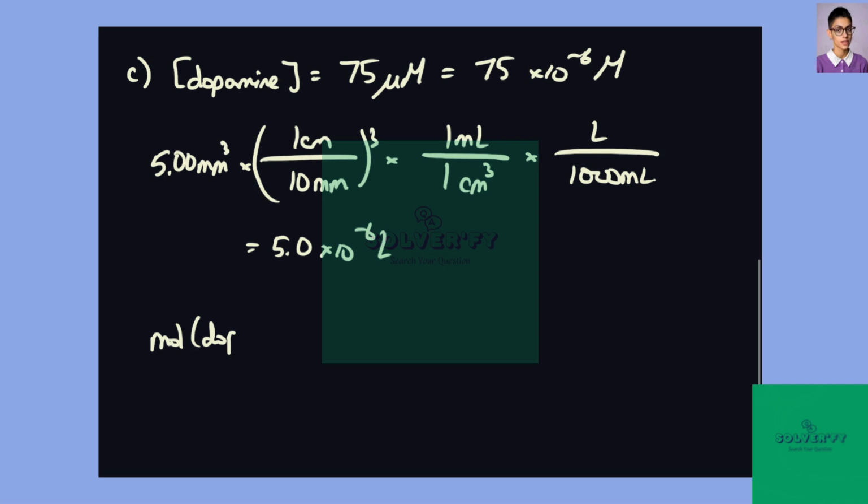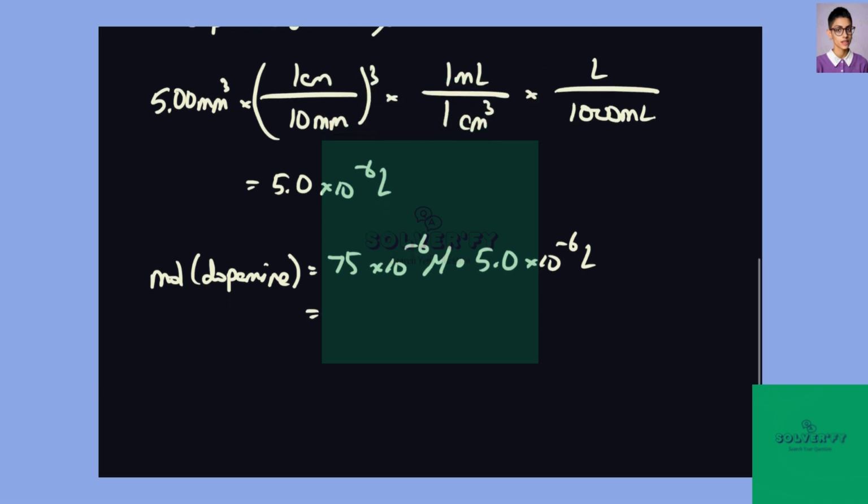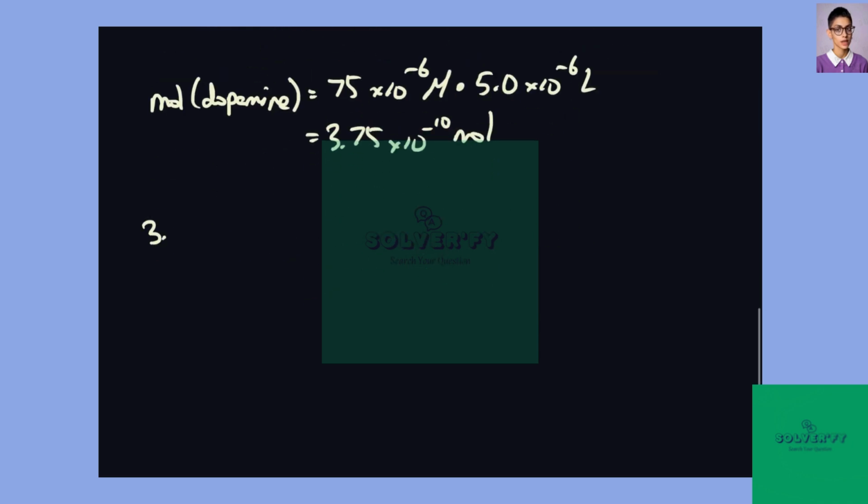Now we can solve for the moles of the dopamine, which would be equal to 75 times 10 to the negative 6 molar times 5 times 10 to the negative 6 liters, and this would be equal to 3.75 times 10 to the negative 10 moles.